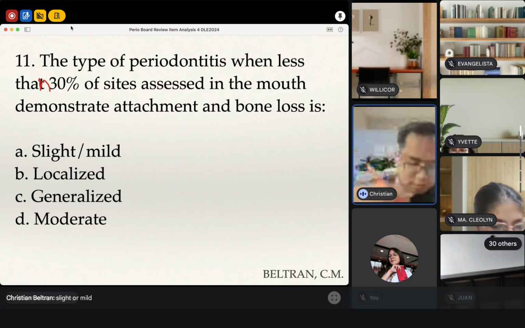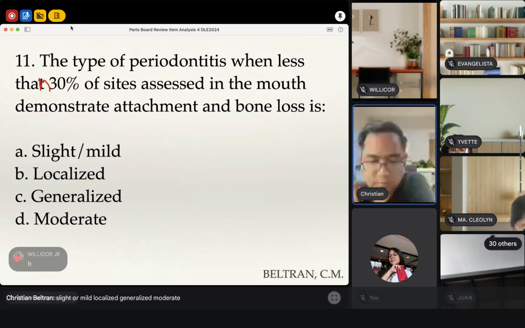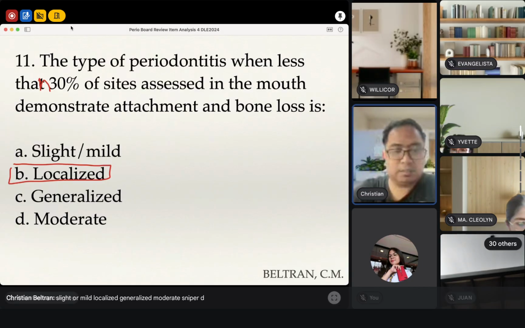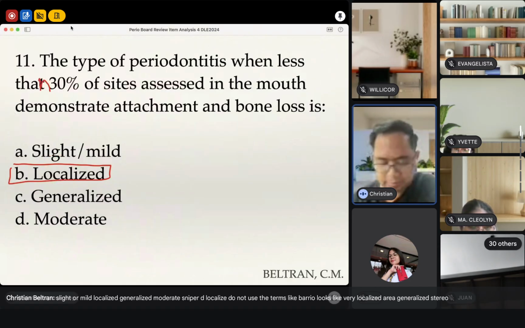Slight or mild, localized, generalized, moderate. It's letter D. Localized. Do not use the term slight. Slight perio. Localized perio. Generalized perio. Okay?